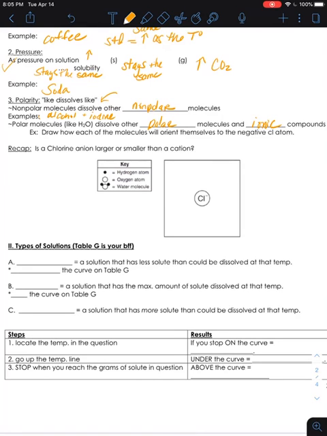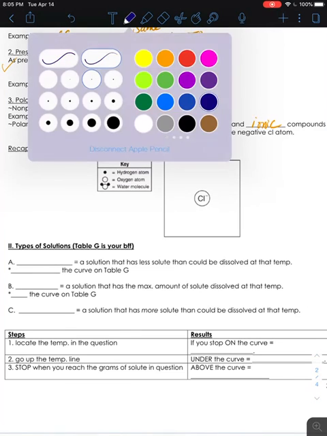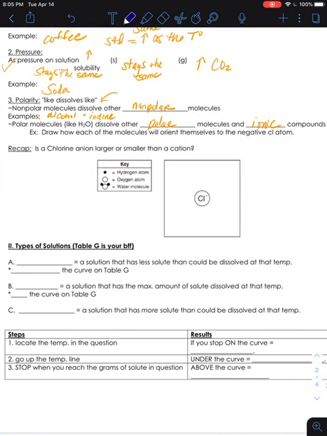So in the case of a water molecule, we know that kind of looks a little bit like Mickey Mouse. The slightly negative part is usually the oxygen, and the slightly positive part is the hydrogens. So if I were to draw this, the hydrogens would be aimed towards the chlorine atom.